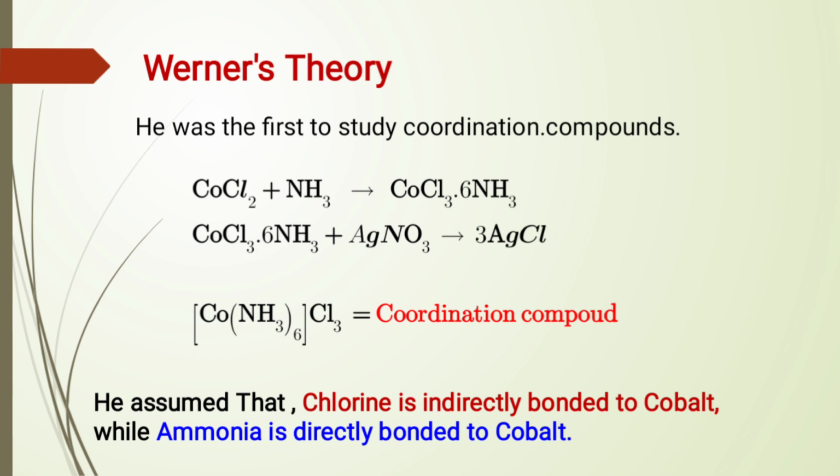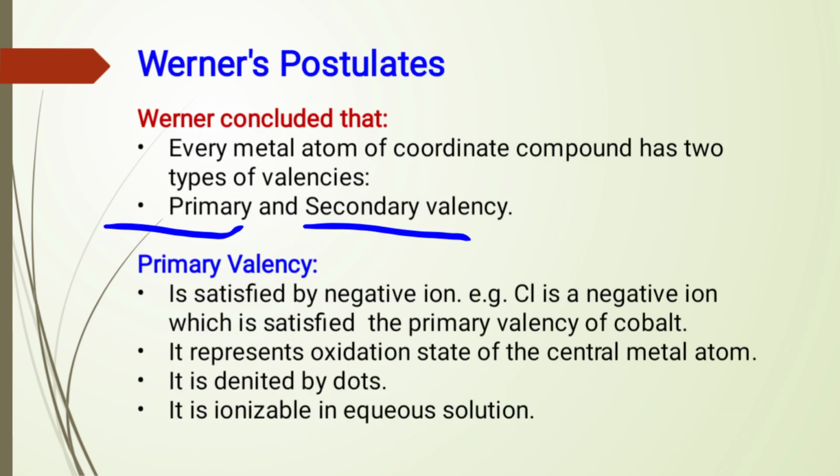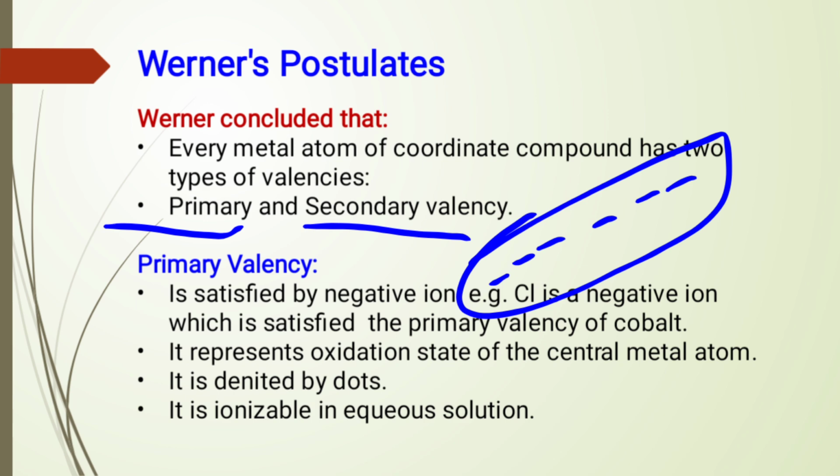We are going to explain this in details. Secondly, primary valency represents the oxidation state of the central metal atom, and it is denoted by dots when we draw the structure. So any dot you see is the representative of primary valency.